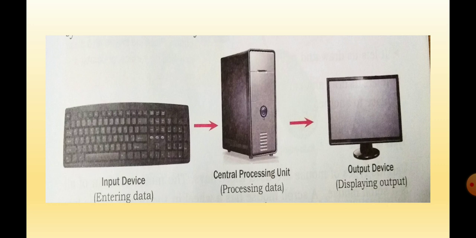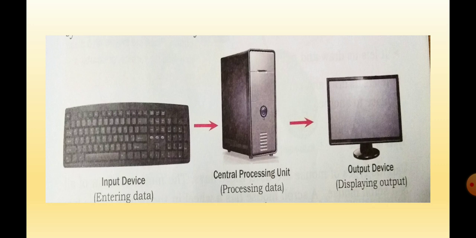Who does that? The CPU. The full form of CPU is central processing unit. So the processing happens here, and who performs the processing? The CPU. And then the result or the output that we get is displayed on the monitor. Alright, so you've understood the IPO cycle.